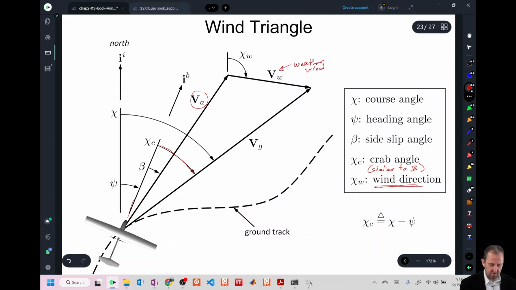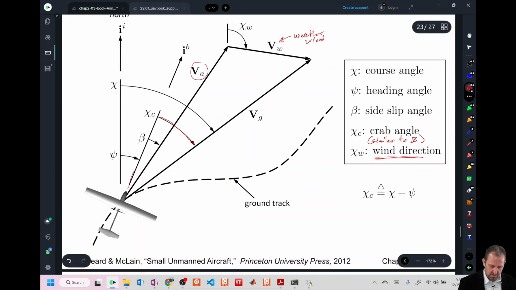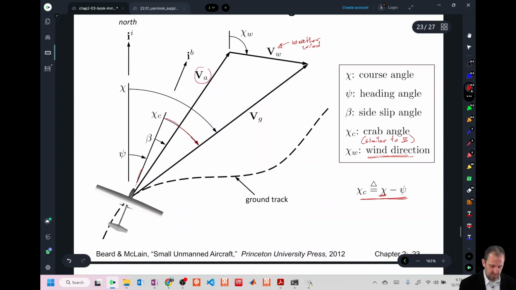So that's just the angle from the north to where our wind vector is pointed. Okay, and then when we look at the crab angle, I forgot to bring this up. It's just going to be our actual course angle minus our heading angle. So that gives us that difference.